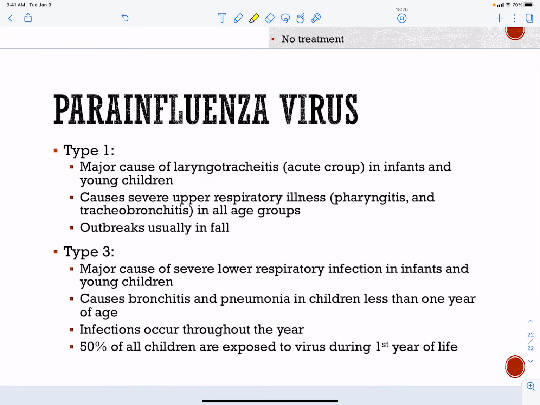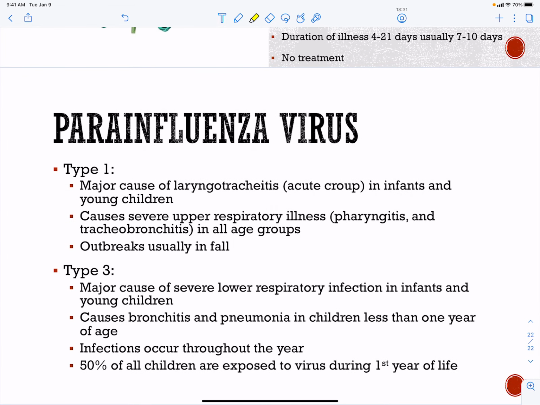So a few of the important ones are type 1 parainfluenza virus that causes acute croup. So that's that coughing noise that infants make that is potentially very harmful for children. They cough so much that they can't breathe. These are going to cause, again, severe upper respiratory illnesses, and usually this is seasonal, so it occurs typically in fall.